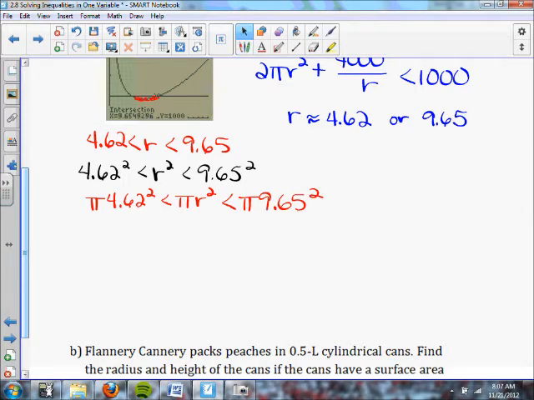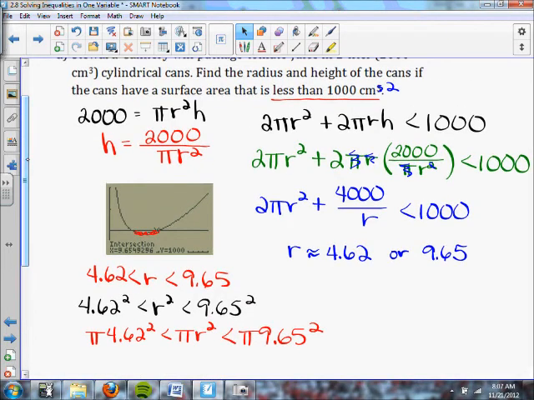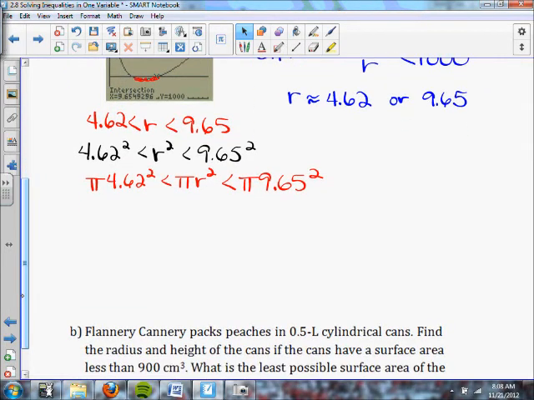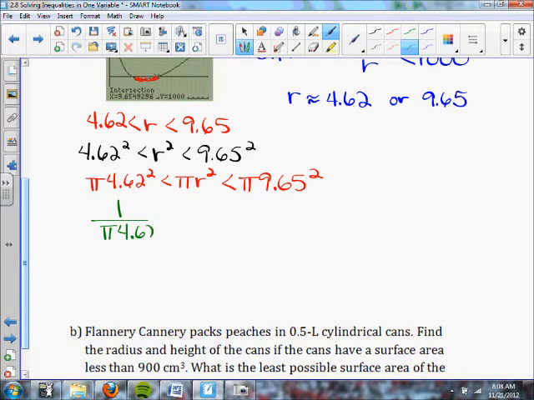Okay? Now, in order to make it look like the height, I need to get pi r squared on the bottom, correct? So what we're going to do, we're going to invert all of these. When we do that, we have to flip the inequality.